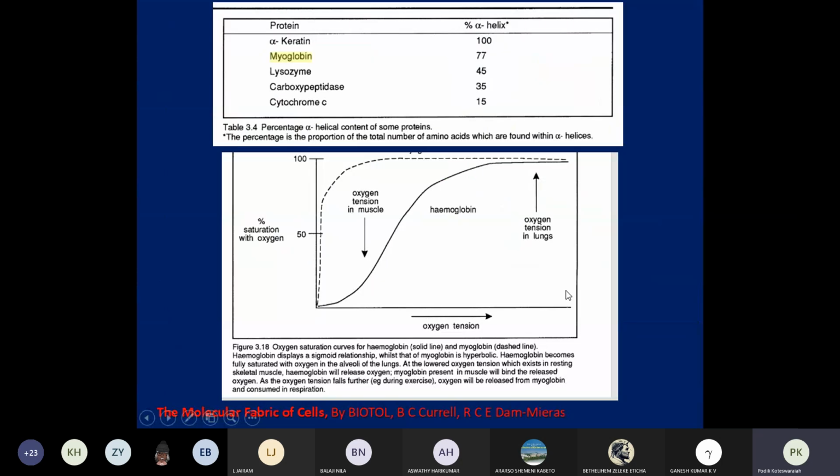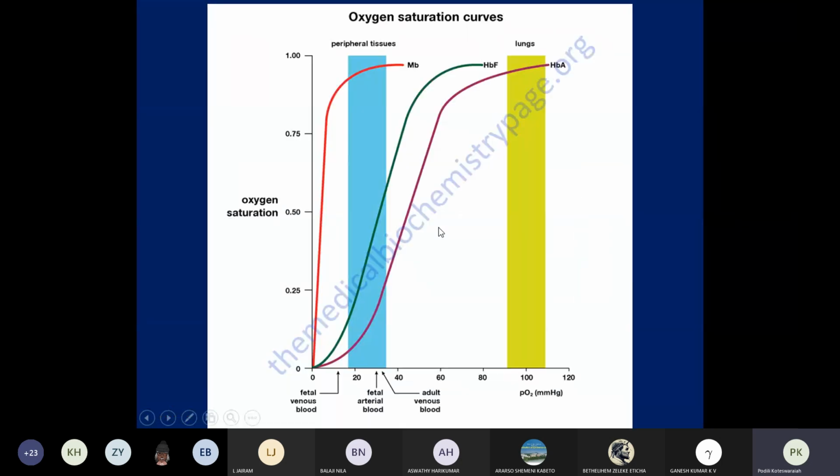Myoglobin is rich in alpha helix. You can see here 77% of the myoglobin structure is alpha helix. And as usual, if you see the myoglobin oxygen dissociation curve, it is hyperbolic, whereas hemoglobin has a sigmoidal curve.